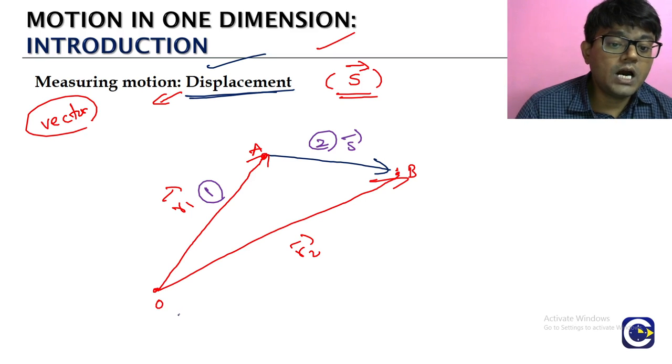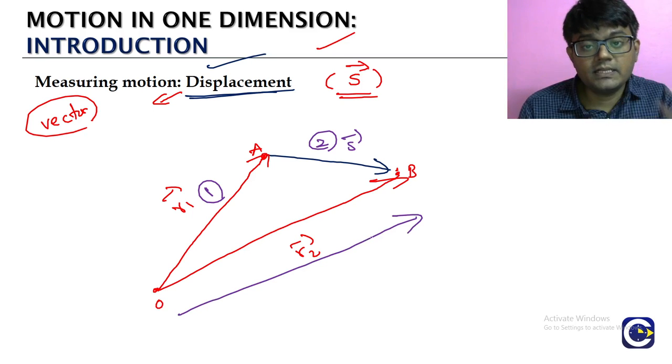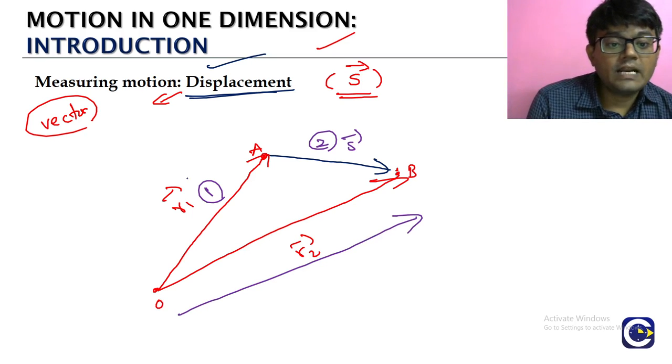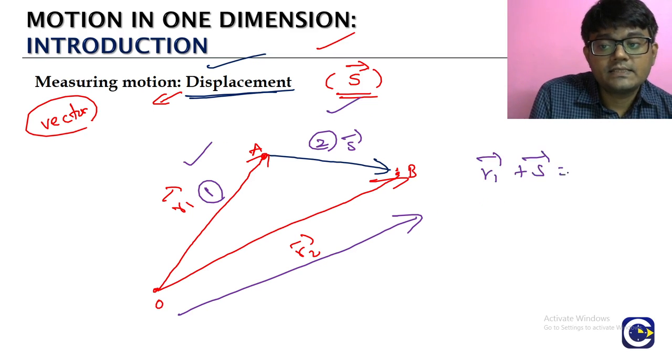Now what about R2 bar? This is like the closing side of the triangle taken in the opposite order. Remember the triangle of vector addition? If you have two sides of the triangle taken in order, their resultant will be the closing side of the triangle taken in the opposite order, correct? Which means the resultant of R1 and S will be equal to R2.